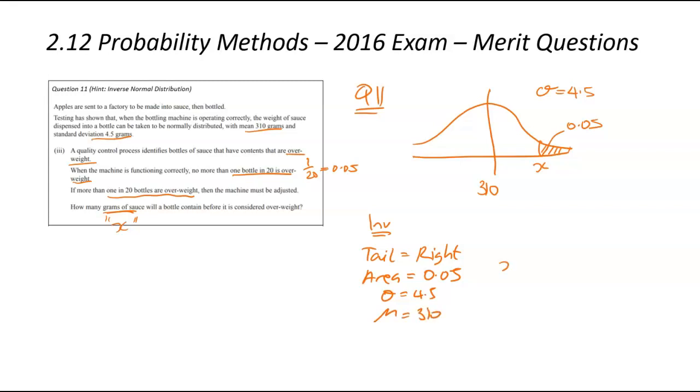When you put that all into your calculator, you're going to get 317.4 grams. So when the bottles are containing more than 1 out of 20 above this number, the machine isn't working properly and it needs to be adjusted.